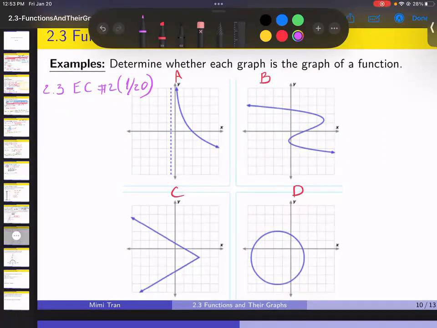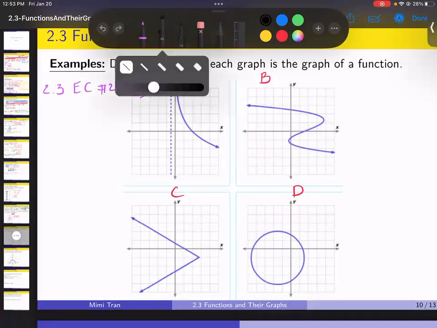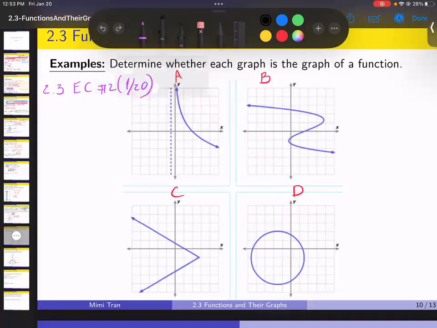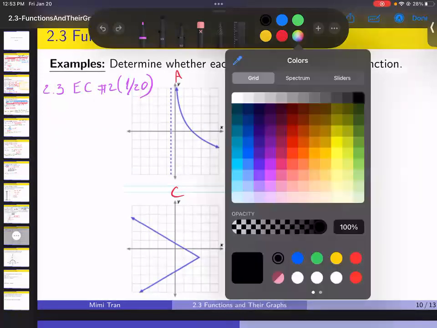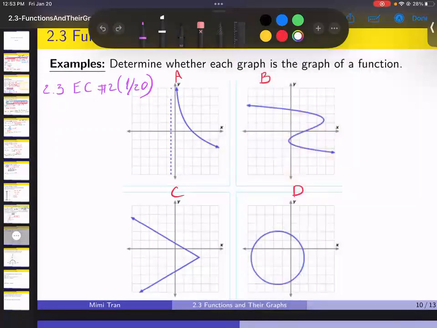Oh, by the way, for A, don't worry about the dash line. I'm sorry, please ignore it. Just pretend it's never there. Erase like that. It's never there.